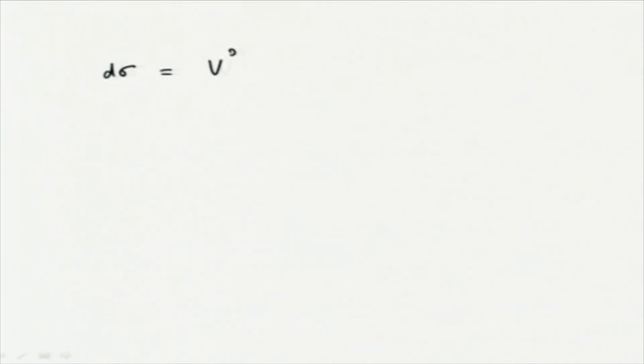So, 1 over V to the power 4 was already here in dσ, which is the cross section that I will denote. Let me write it here.